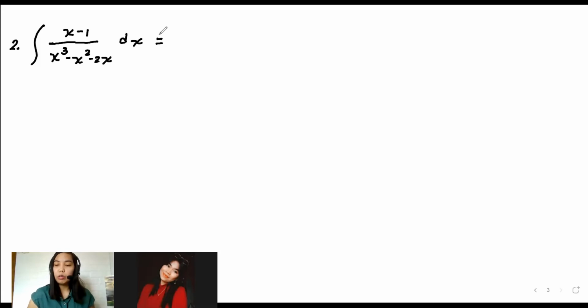So, number 2 example. The integral of x minus 1 over x cubed minus x squared minus 2x dx. For number 2, class, the degree of the numerator is less than the degree of the denominator. The power here is 1 and the power here is 3. So we can use partial fraction. When we factor, this is equal to the integral of x minus 1 over x times x squared minus x minus 2, dx.